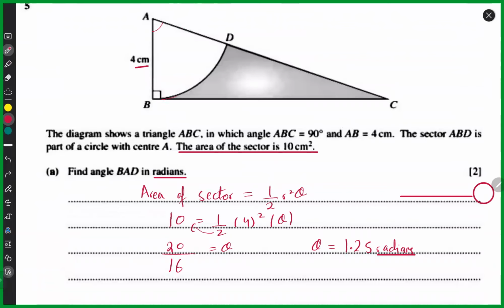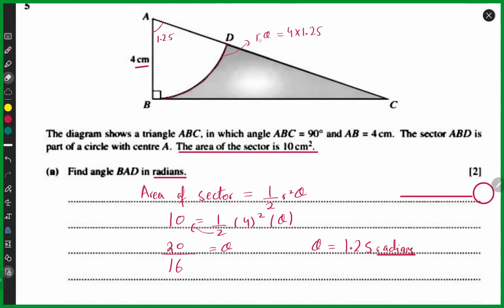We can find out the arc length easily using theta and radius. That can be done. Next, we have this angle. So let me just add whatever we have. We have 1.25, and the arc length is r theta. So it would be 4 multiplied by 1.25, and this is going to give you 5.